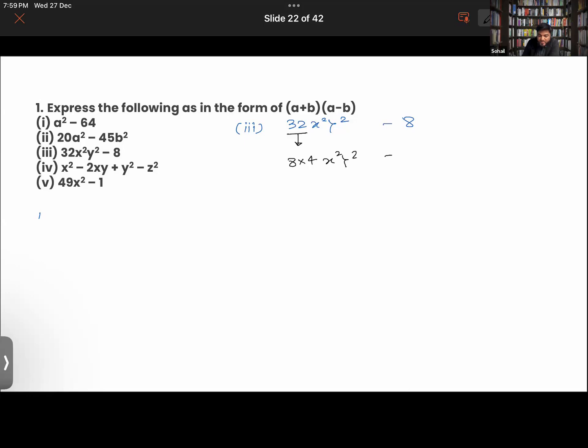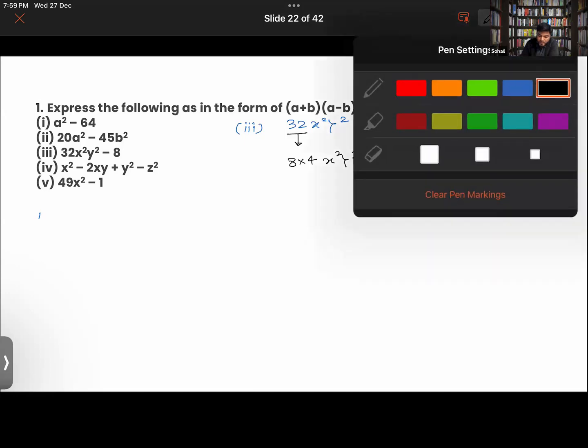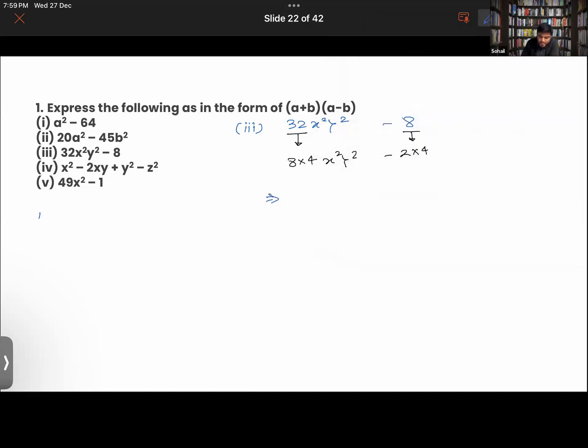Now let's write 8 as 2 times 4. Further, can I write 4x square y square as 2xy whole square? Yes, sir.